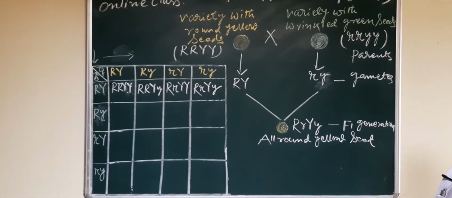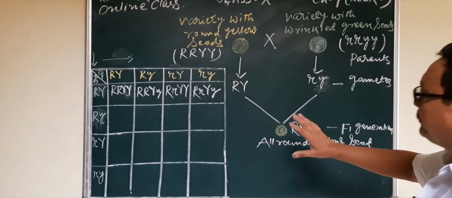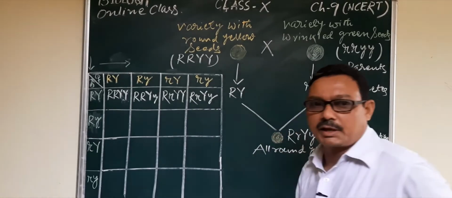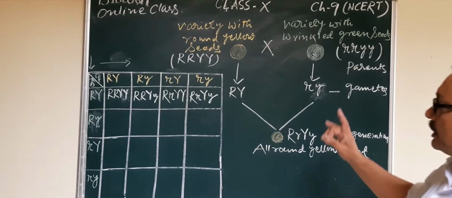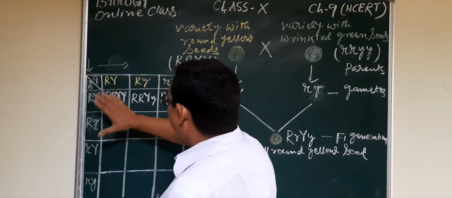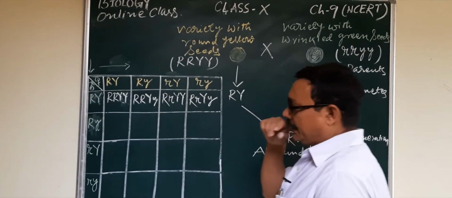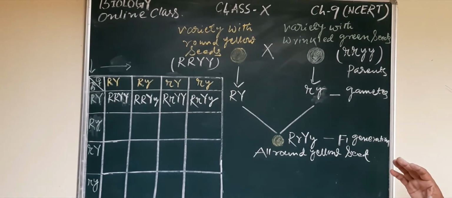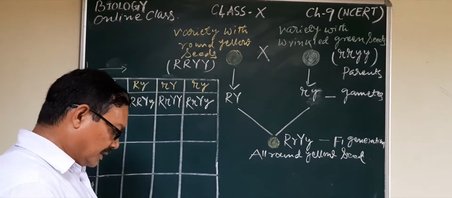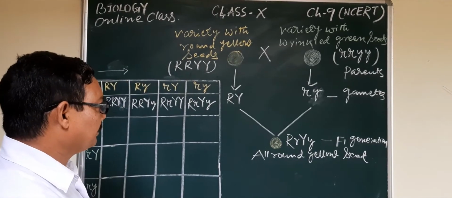In the last class, we left this problem of the dihybrid cross, and I gave it to you to do at home. Now I hope that you have already completed it, as it is not a very tough job for you.